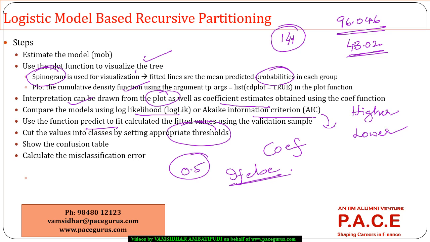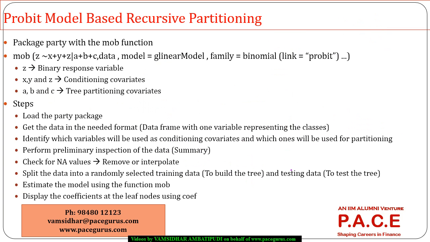If the predicted probability is less than 0.5, then categorize it as lost, and if it is greater than 0.5, categorize it as 1. So we got the confusion table, and based on that we have looked at the misclassification error. So that is what we do as a part of the logistic model based recursive partitioning.